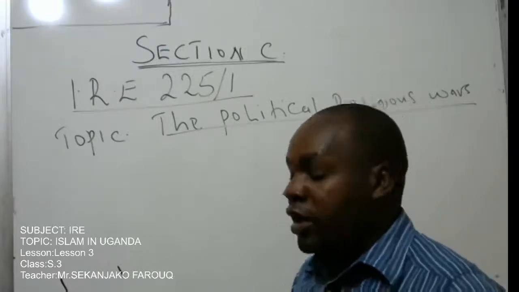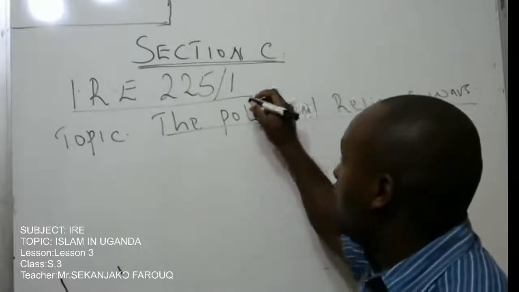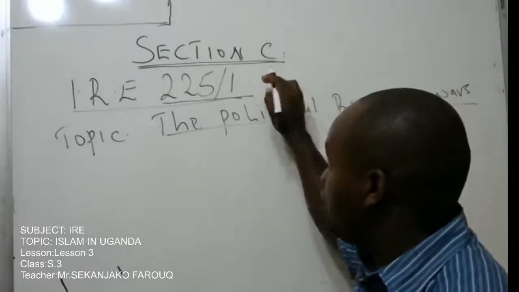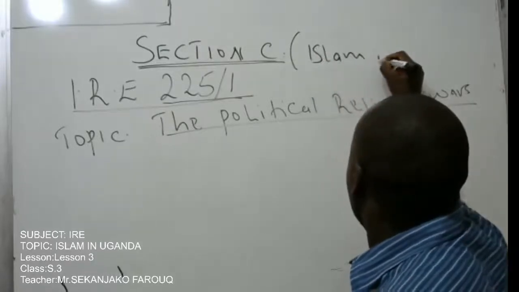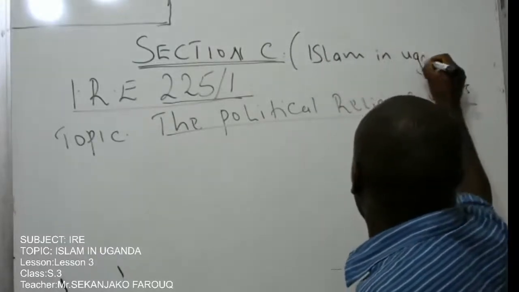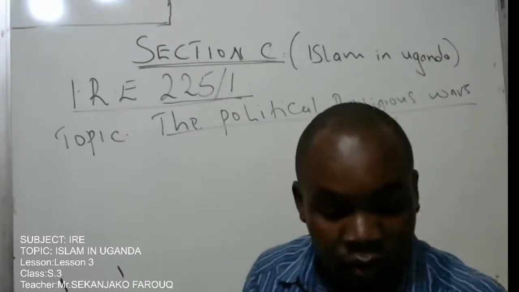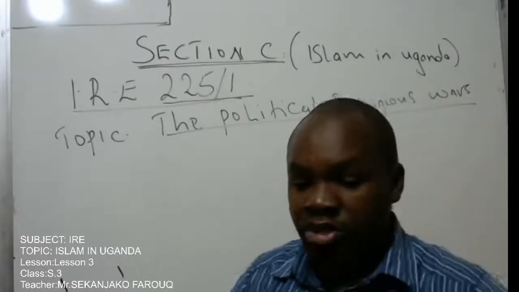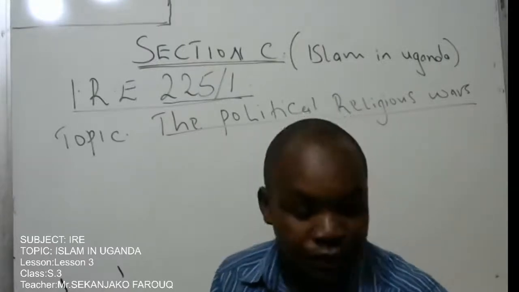We have already covered section B, where we have the Caliphate period, and now we are about to cover section C, where we have Islam in Uganda. As I told you and the chair told you, this has 8 major topics from which they pick 4 questions at the end of the day.